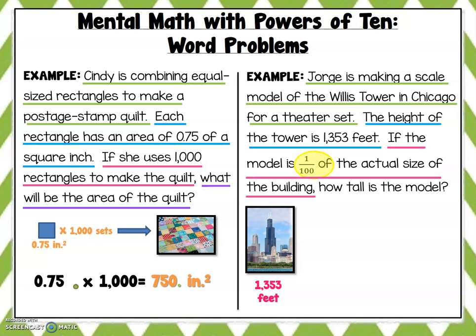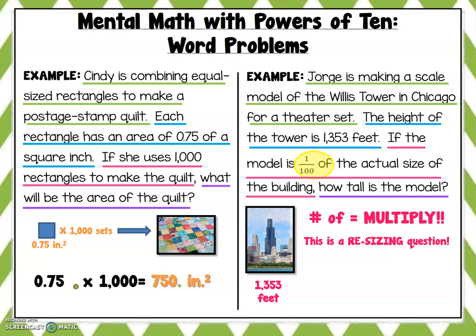Whenever you have a number next to the word of, you are going to multiply. The number of combination tells you to multiply because it's a resizing question. This 1/100th is just a decimal in fraction form. So the question is asking us, how tall is the model?